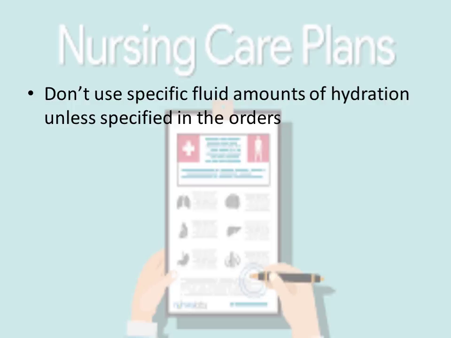So you may ask, why are we reviewing specific scenarios? These are some of the scenarios that we found during our last survey window. Hydration amounts, if they are specified, such as a 1000 cc fluid restriction per day, should be care planned.